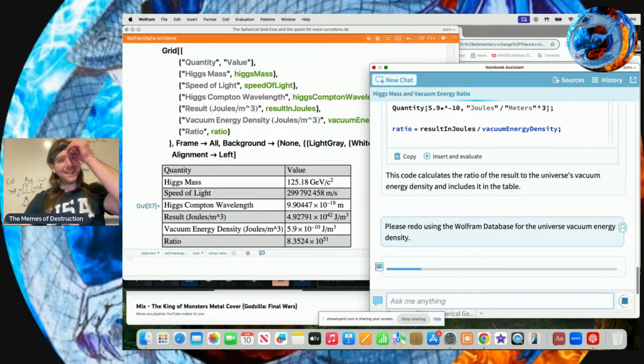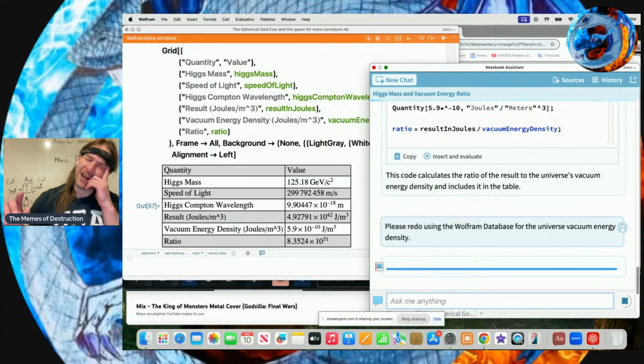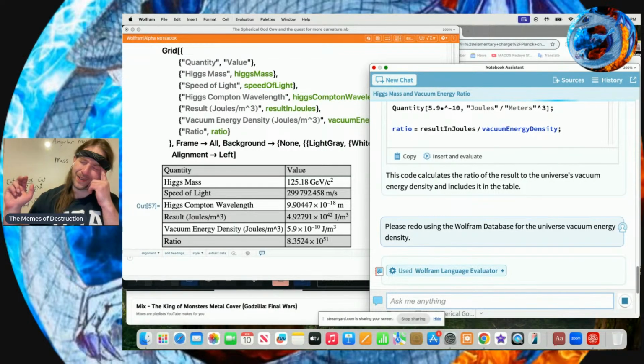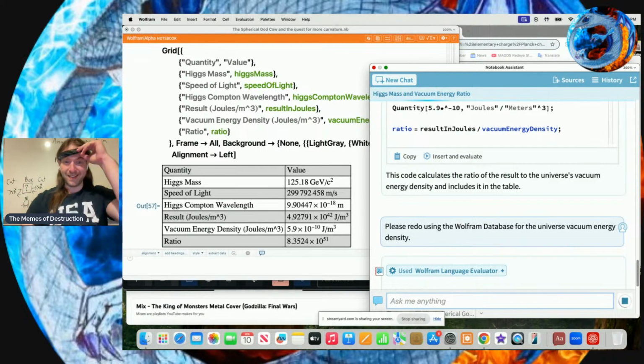I'm like, yeah, but it's usually about 5.9 or 6 times 10 to the minus 28 kilograms per cubic meter. But if you do its energy, it's about a little under 3.5 gigaelectron volts per cubic meter.